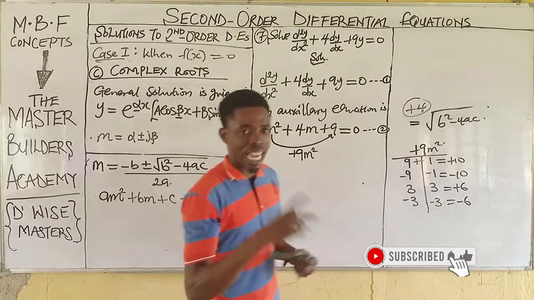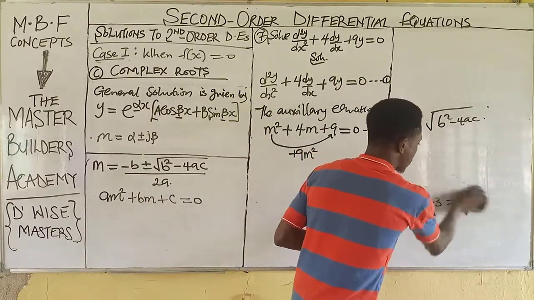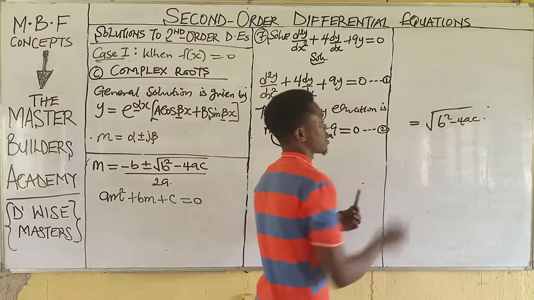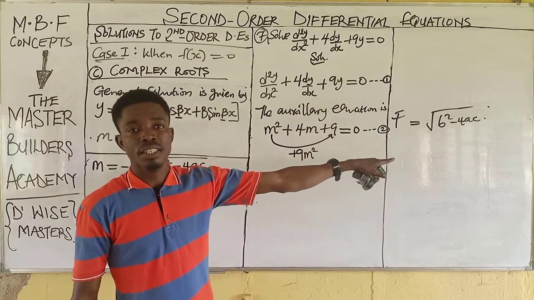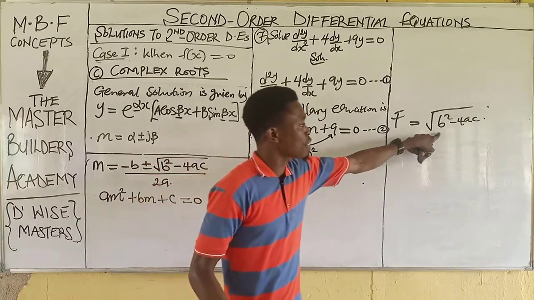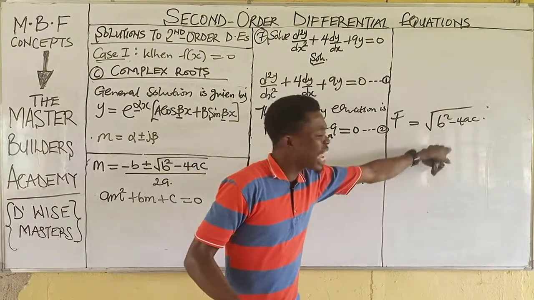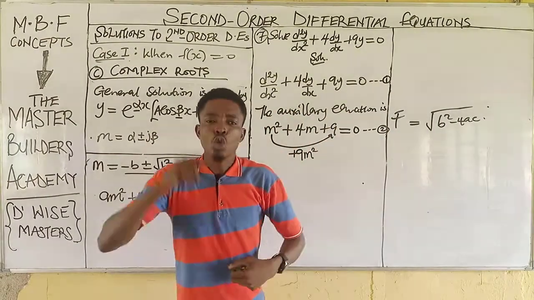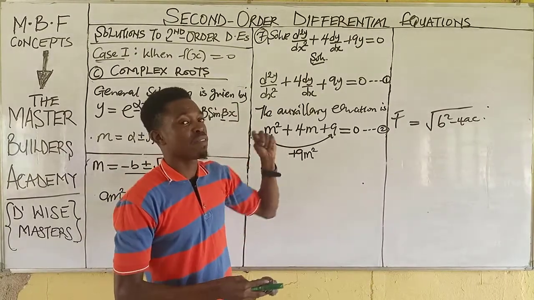This is the expression to check whether a particular quadratic expression is factorizable. So for me to check whether this expression is factorizable, all I need to do is to input these values here. When I input these values here, if the outcome turns out to be a perfect square, it means the equation is factorizable.